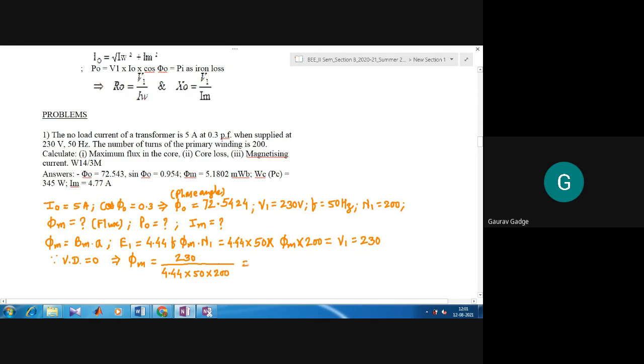So what do we get? This 230 divided by 4.44 multiplied by 50 multiplied by 200. So it is 5.18. Now I just write this in final value.